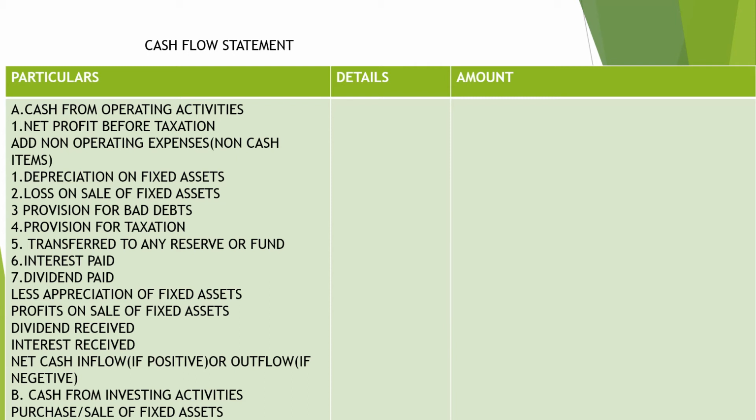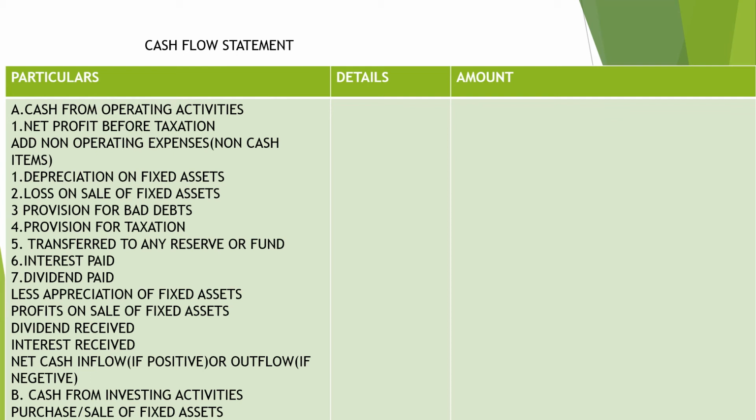Now the second is cash from investing activities. If we make the investment, we purchase fixed assets or we sell fixed assets. Purchase or sale of fixed assets. Sale in plus, purchase in minus, because cash goes from us. Then we are having purchase of investments or sale of investments.